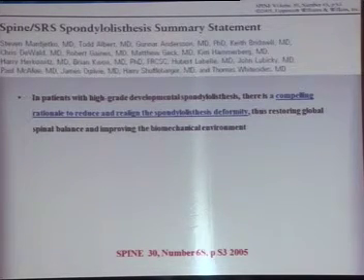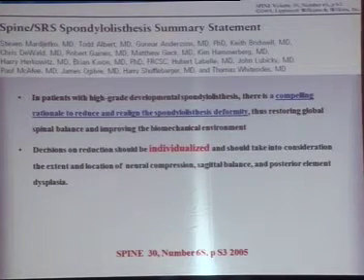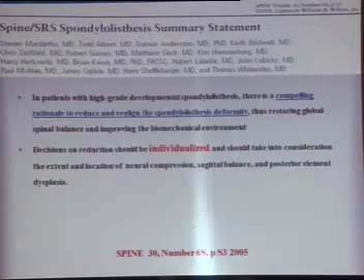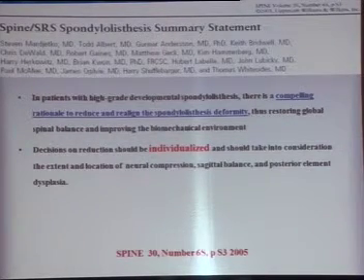And look at the statement that was published in Spine in 2005. They say in patients with high-grade listhesis, there's compelling rationale to reduce and realign the spondylolisthesis deformity, thus restoring the global balance. But they also said the decision has to be very, very individualized. So if your surgeon is skillful and has the infrastructure, has monitoring and other things, then there are definite advantages of fixing and reducing these deformities.